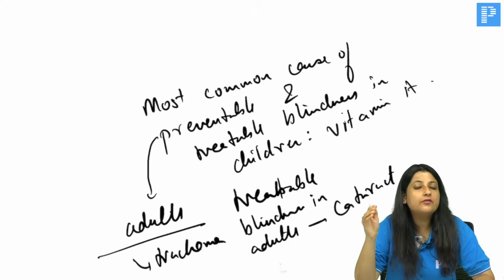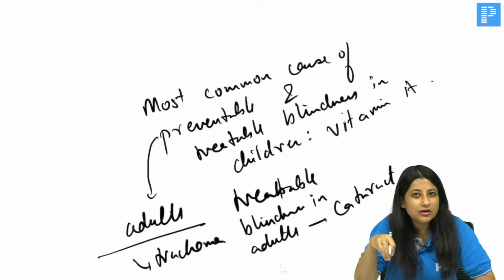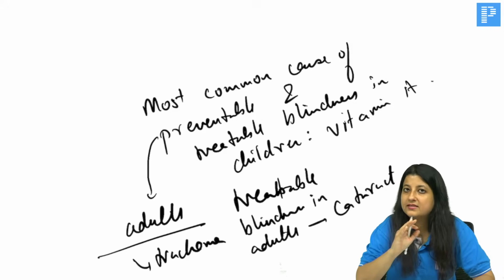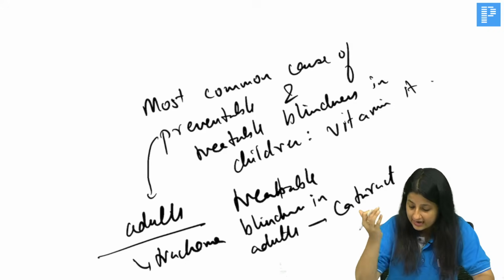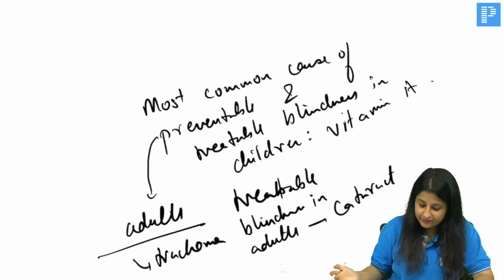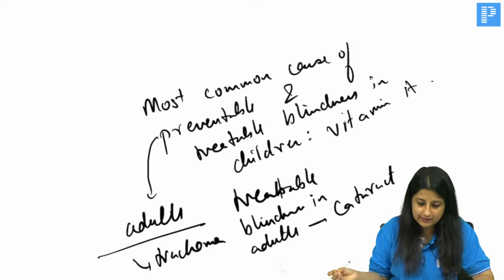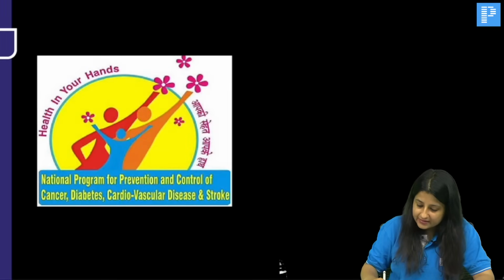Most common cause of preventable and treatable blindness in children, vitamin A deficiency. Preventable blindness in adults, infective trachoma, SAFE strategy. अब eliminate हो गया. And treatable blindness in adults, everybody, it is cataract. Cataract is something which is treatable. Clear?